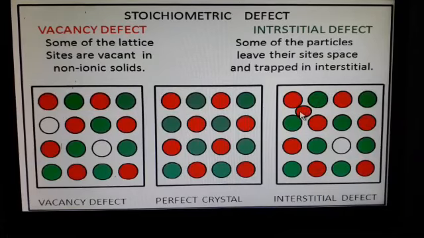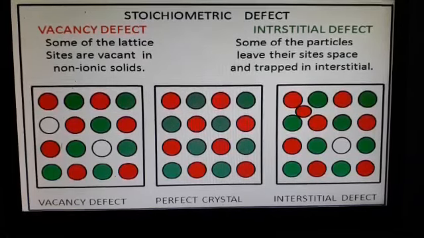When an atom, molecule or constituent particle leaves its space and is trapped in interstitial space. What is interstitial space? The white portion of this crystal is known as interstitial space. So this defect is interstitial defect. Remember again, vacancy defect and interstitial defect are shown by non-ionic solids.